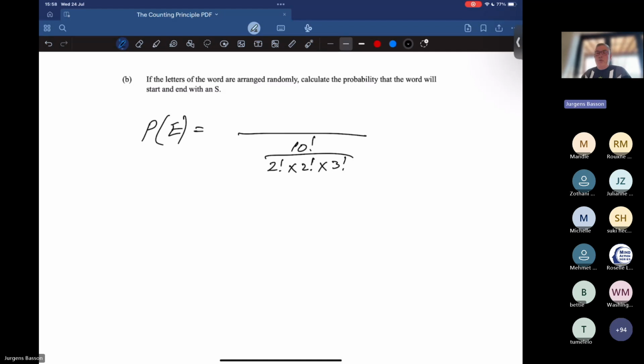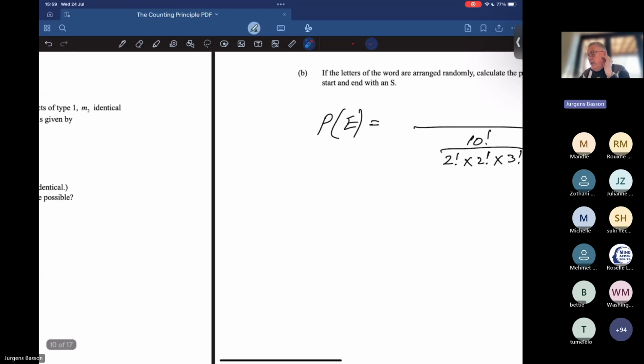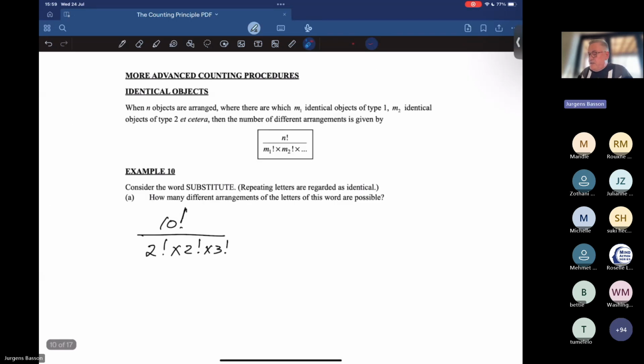But now we must do the restriction because that is the numerator. And this one says, if the letters of the word are arranged randomly, calculate the probability that the word will start and end with an S. Start with an S, end with an S. And you will notice in the word, we've got 1, 2 S's there.